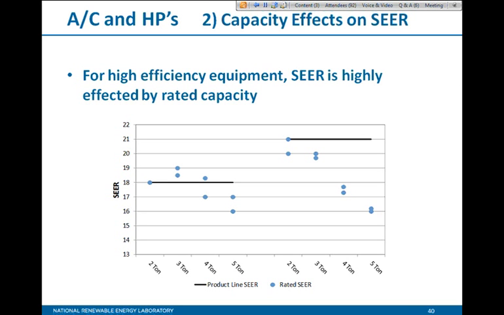I have basically several product lines plotted here, two for the SEER 18 and two for SEER 21. On the x-axis, we see what the rated SEER would be for a 2-ton, 3-ton, 4-ton, and 5-ton air conditioner.